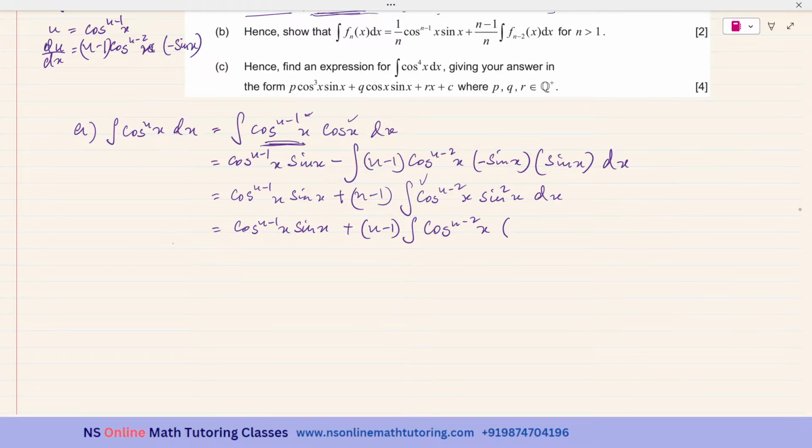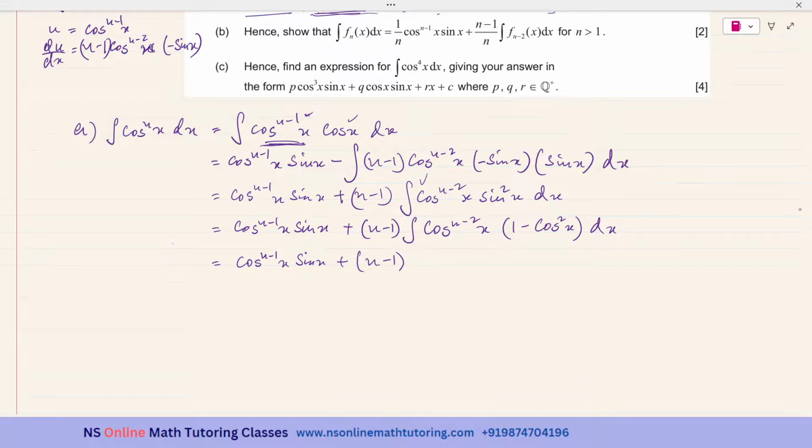cos^(n-2) x, and this will be 1 minus cos square x, and dx. So this is equal to cos^(n-1) x sin x, and this will be plus, I'm separating.